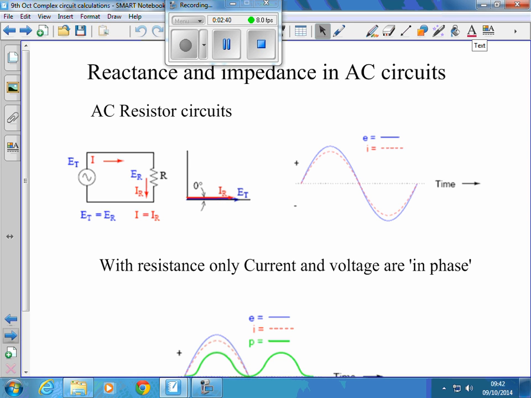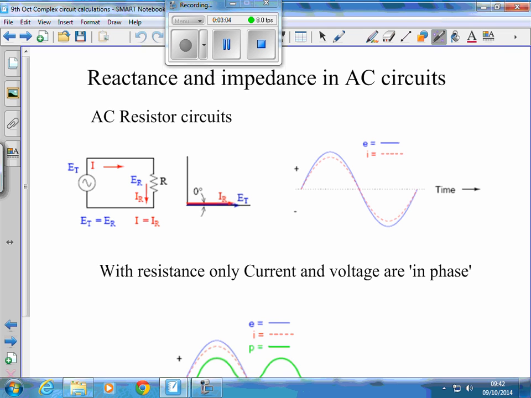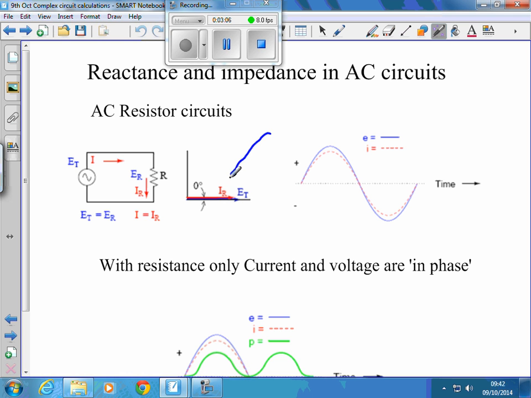If we have pure resistance in a circuit, no reactive components, which we're coming on to in a minute, like this: an AC source, an AC current will flow, and we'll get a voltage across a resistor. If we draw what's called a phasor diagram of that, the red line is representing the current flowing in the circuit.